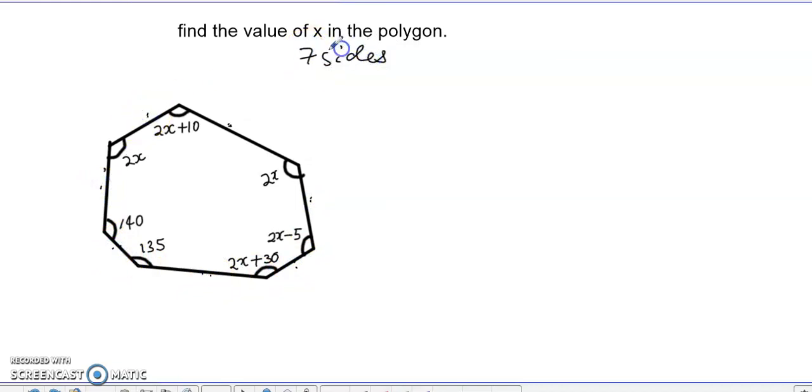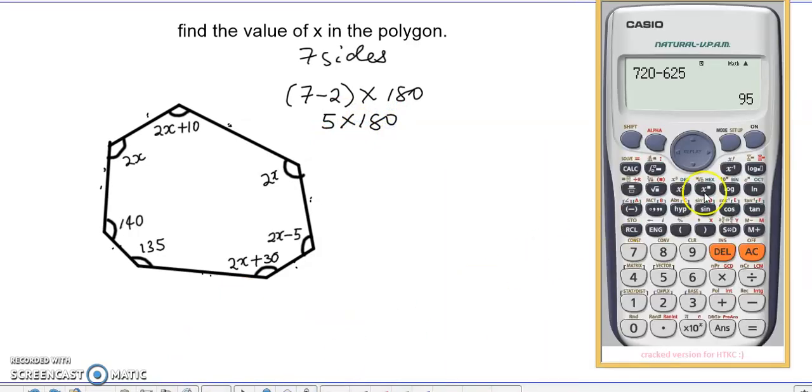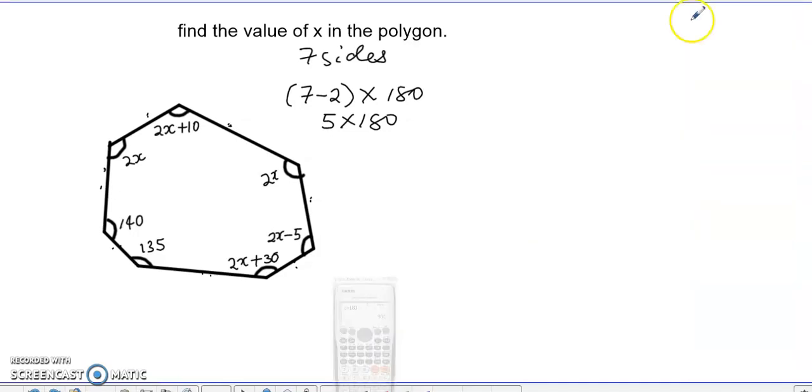Since we have 7 sides, we have 7 minus 2, and whatever we have, we multiply by 180. 7 minus 2 is 5. 5 multiplied by 180 gives us 900. So this is the sum of the interior angles.